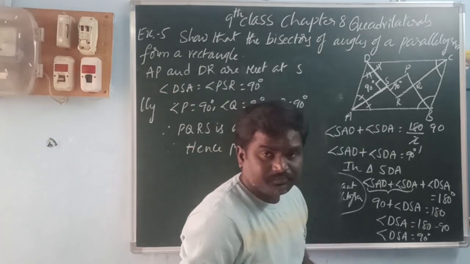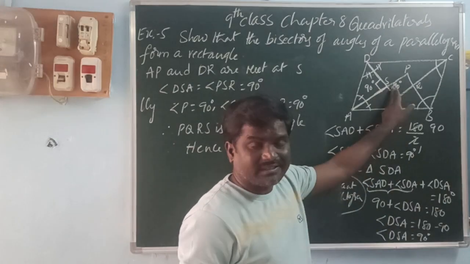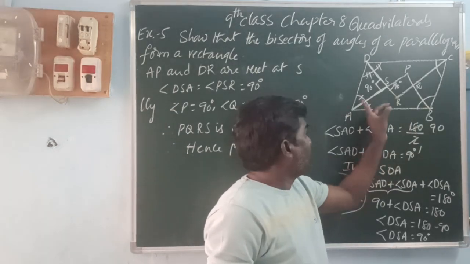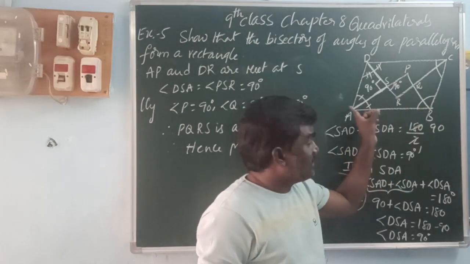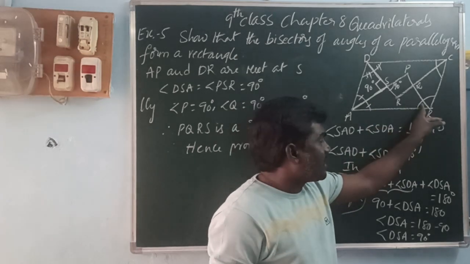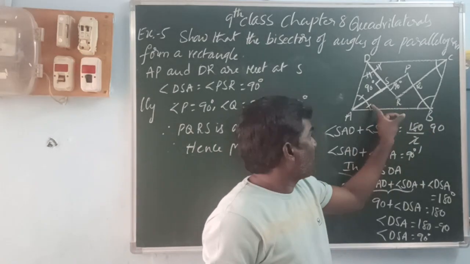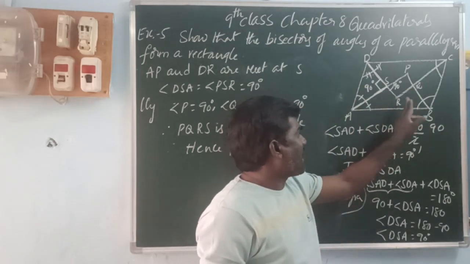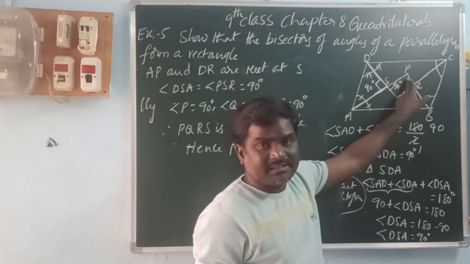Hence proved. So here these two angles sum is 90 degrees. Similarly in triangle APB, this angle is half of angle A, this angle is half of angle B. These two angles are adjacent angles, their sum is 90. So what about this angle? 90.